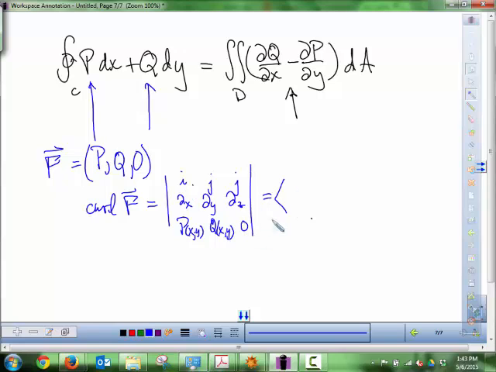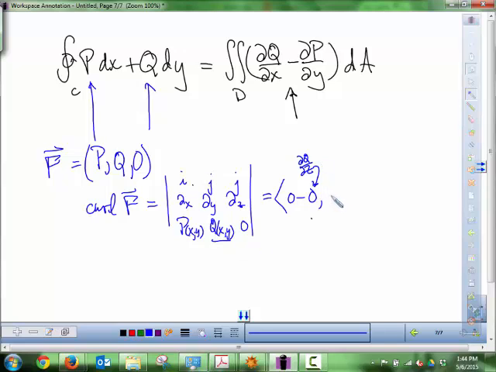So when we take the derivative, in the i direction, of 0 with respect to y, that is 0. Take the derivative of Q with respect to z, but like I just mentioned, there's no z's in there, so that's also going to be 0. The derivative of Q with respect to z is equal to 0 because there's no z's in there.